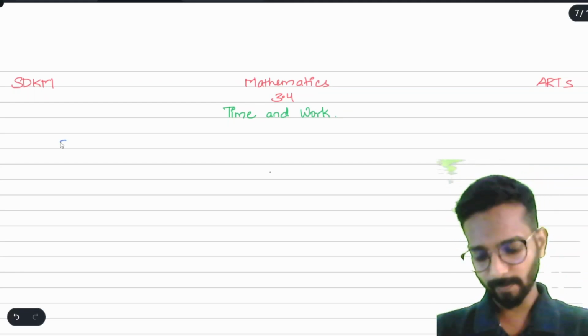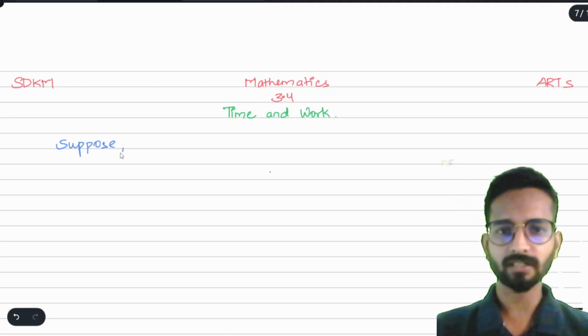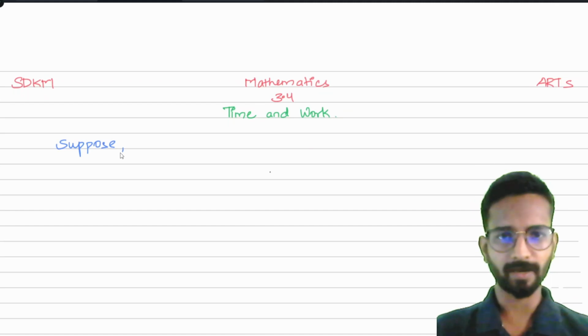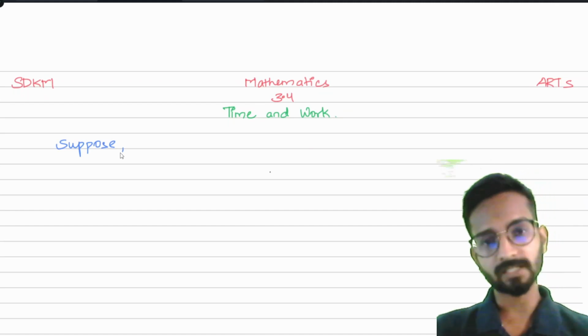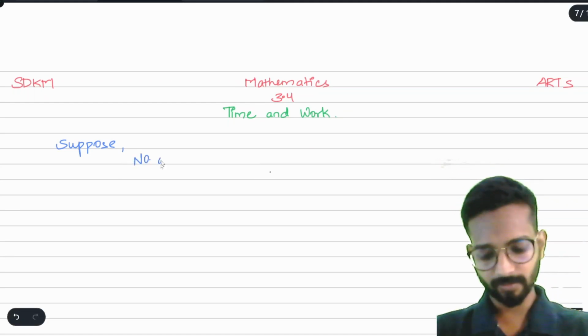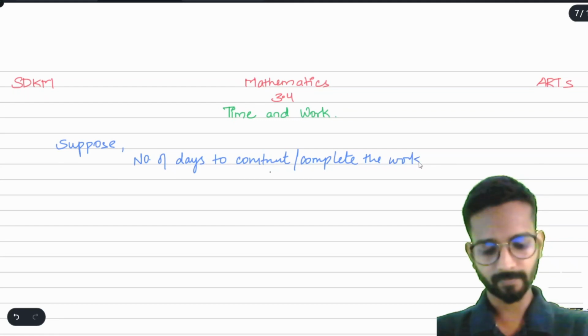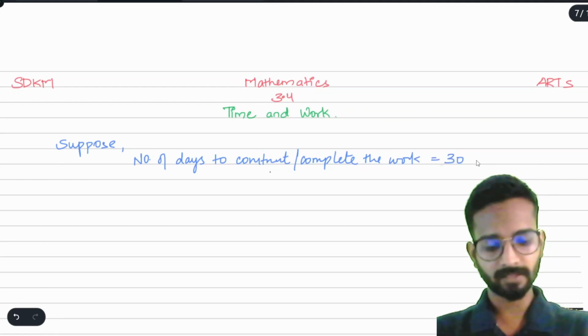Say suppose we have to construct a particular building or a particular apartment. Suppose the total number of days taken to construct the building, or complete the work, is 30 days.